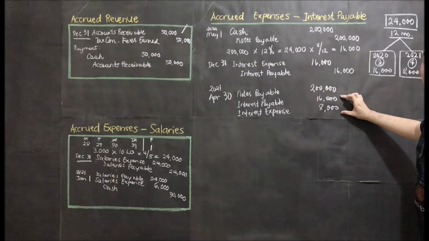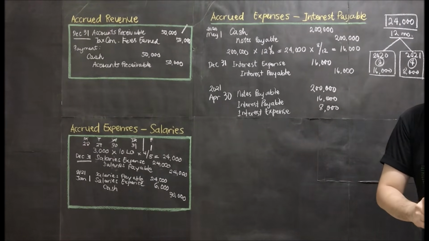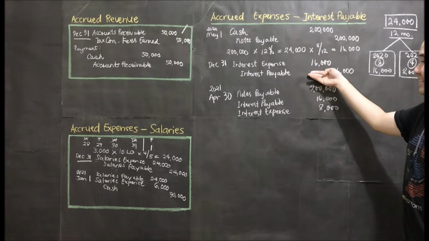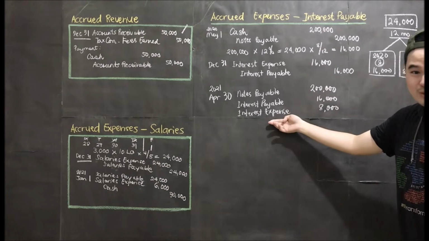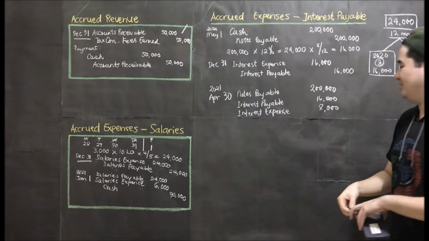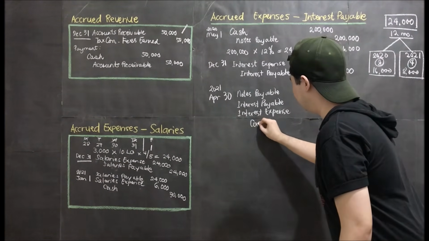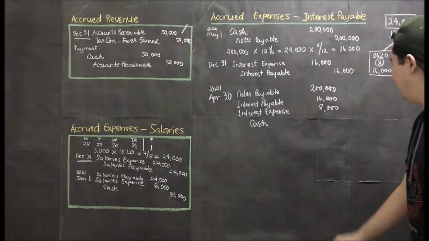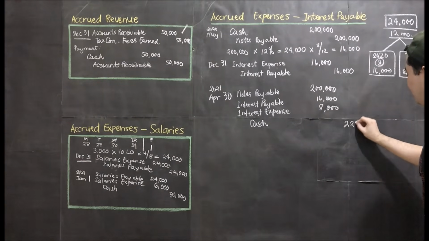Ito na ngayon yung 24,000 mo na interest na utang. Pero, properly, in accounting, yung ilalagay mo as expense for 2020 ay 16,000. Expense for 2021 ay 8,000. Credit natin yung cash dun sa buong babayaran nila, which is 224,000.